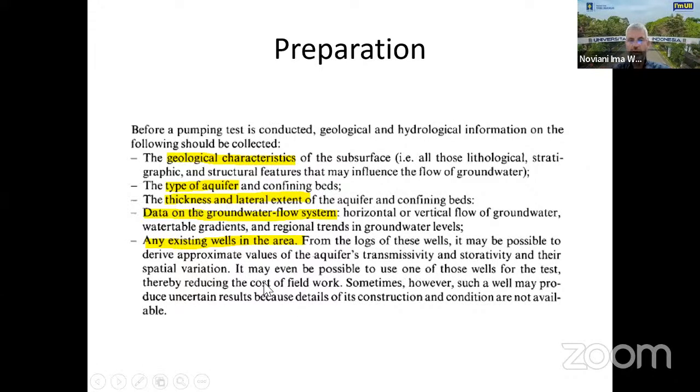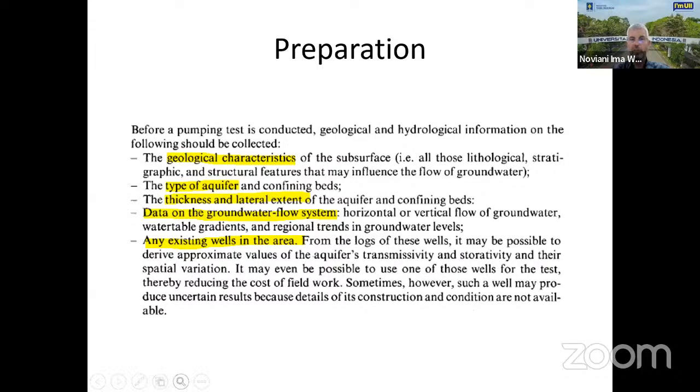I also want to know if there are any wells in the area already, right? Because if I start pumping from one well, but a nearby well is already being used for, let's say, irrigation water production, then I need to know about it, because it makes my test more complicated if I'm not aware of a well being pumped nearby. My data will be invalid.